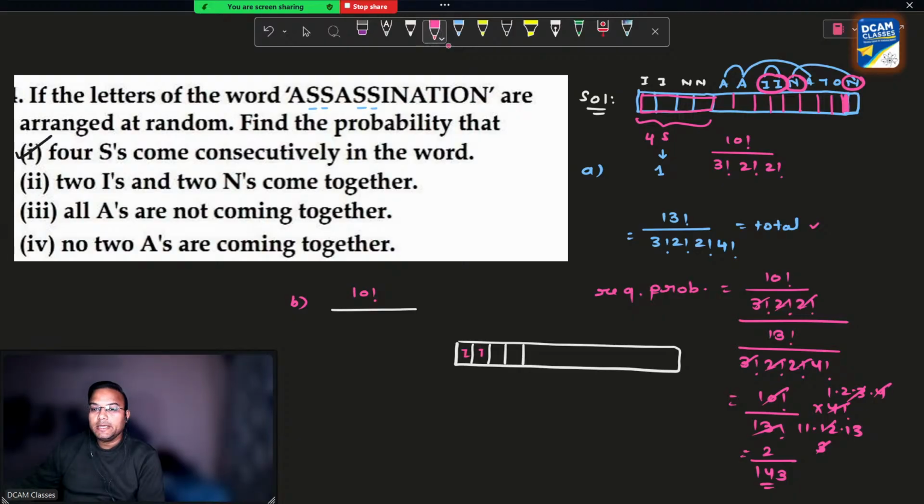Here 2i and 2n are there. Rest all numbers you can do like this: 1, 2, 3, 4, 5, 6, 7, 8, 9, 10, 11, 12, 13. 13 are there.